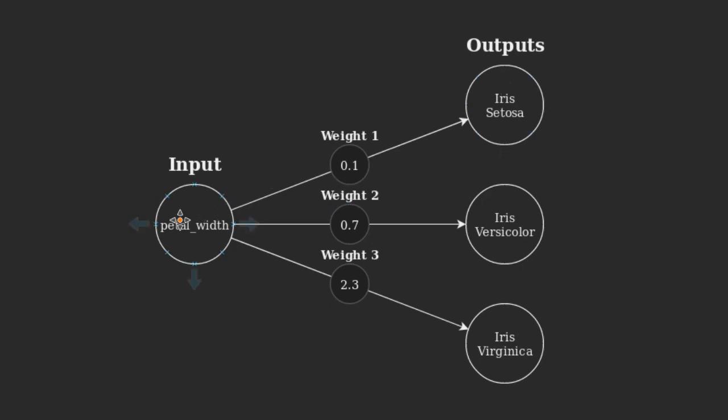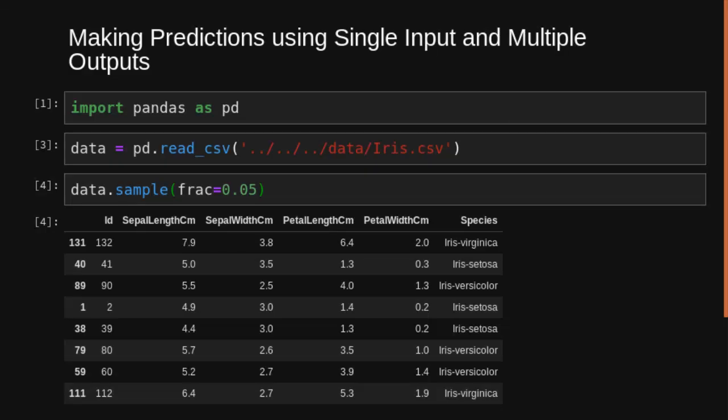We could multiply by one weight to predict how likely it is to be of species setosa. Then we would run it through, multiplied by a separate weight, to determine the probability of versicolor, and the third time we would do the same thing for the third species. This is very simple, and this is what makes this tutorial so easy.